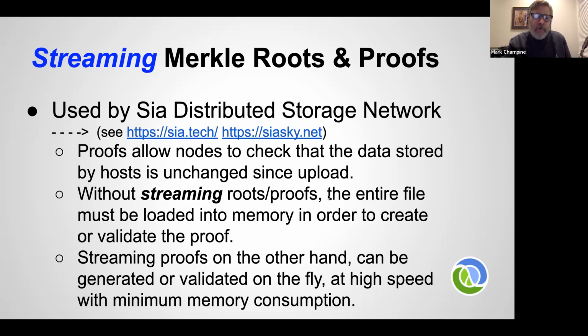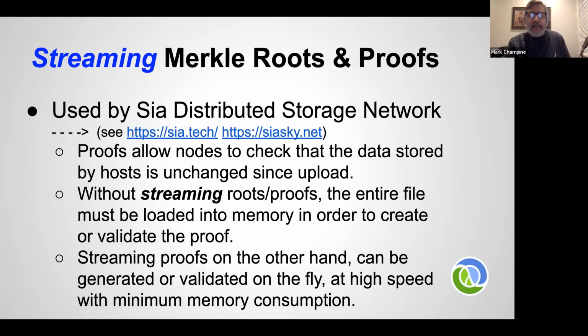Now, with an ordinary Merkle root and Merkle proof, you load all of the leaf data into memory in order to create or validate the proof. A classic way of building a root would be to divide the number of leaves in half and recursively join them until you have a complete root.